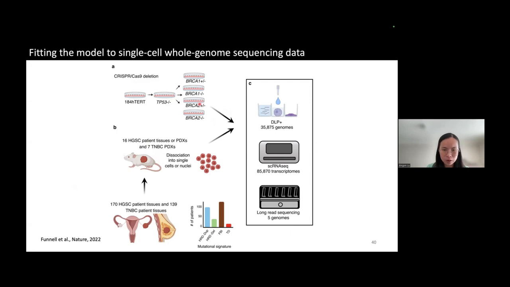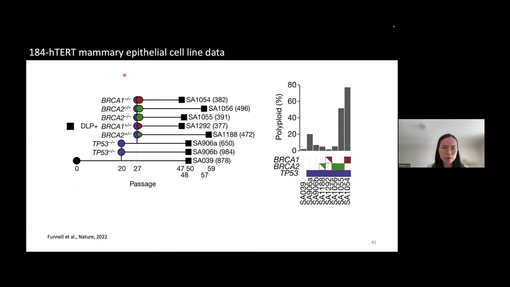We used this data and tried to fit our model on it. For the cell line data, there are 7 data sets with different combinations of gene knockdowns. And some of them are polyploid, namely they have their genome duplicated, or have whole genome doubling.